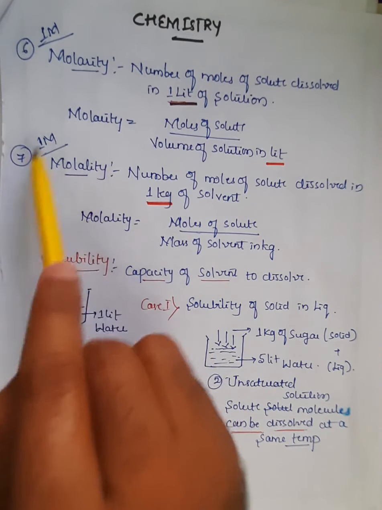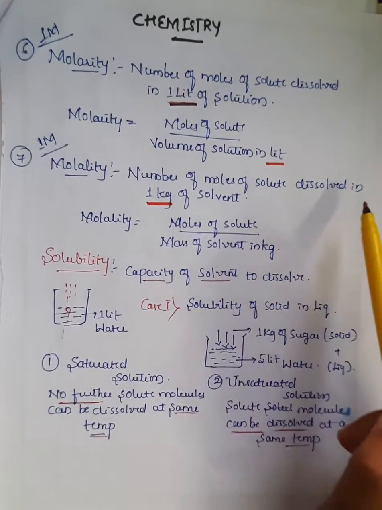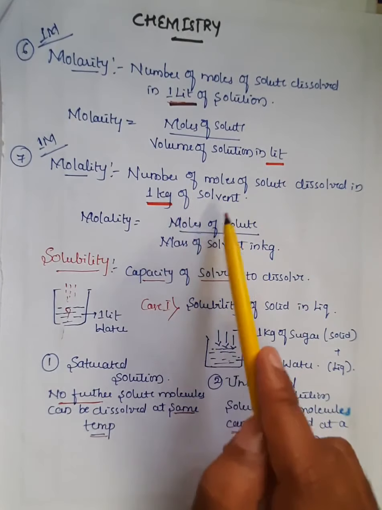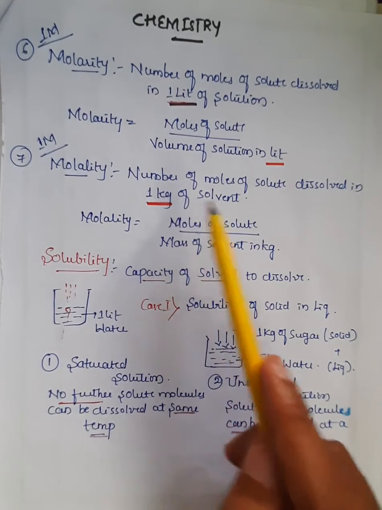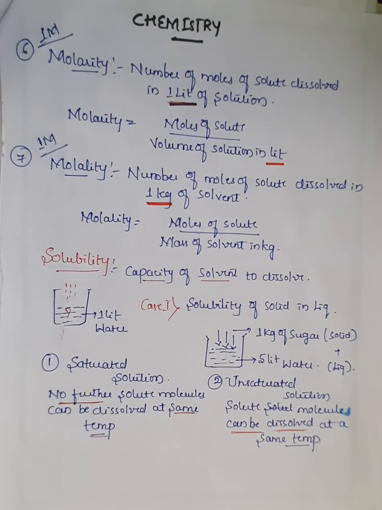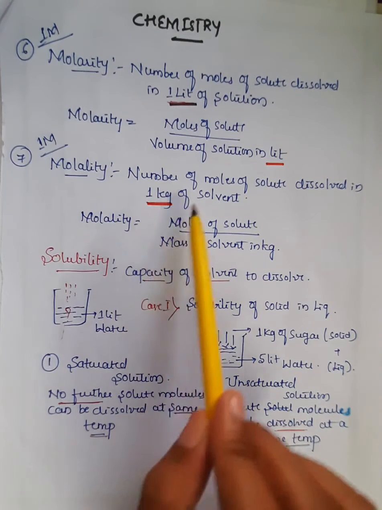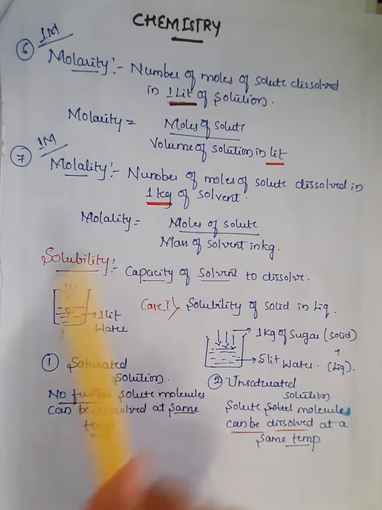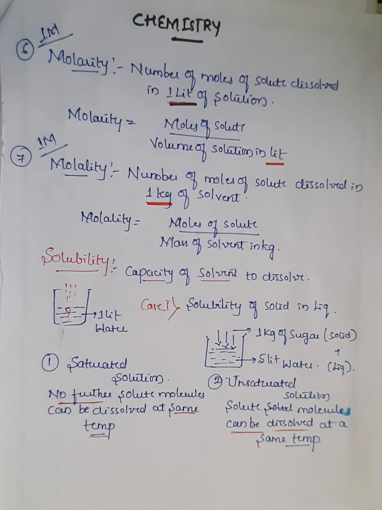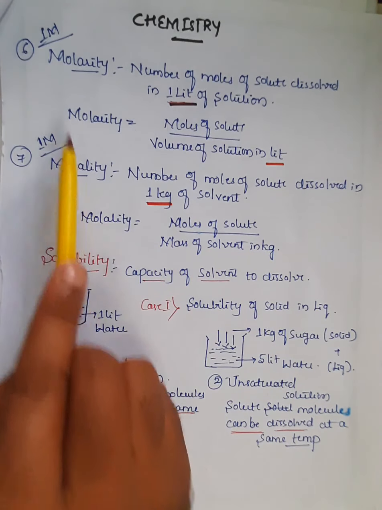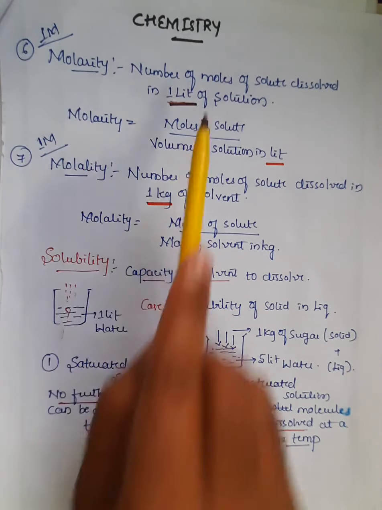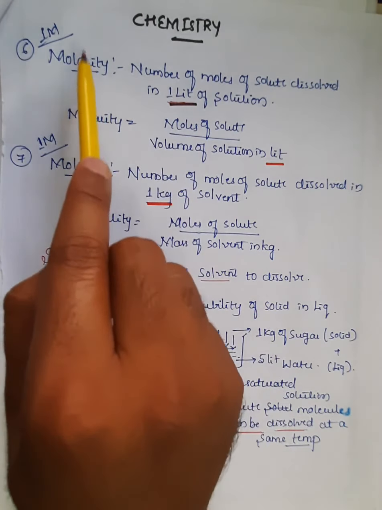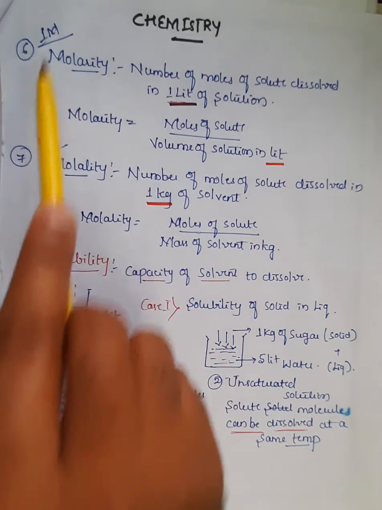In the case of molality, the number of moles of solute is dissolved in 1 kg of solvent. 1 liter and 1 kg are not the same; there is a great difference between them. Whenever you take 1 kg of solvent, it is called molality, that is small m, and whenever you take 1 liter of solution, it is called molarity, that is capital M. So understand, don't get confused.